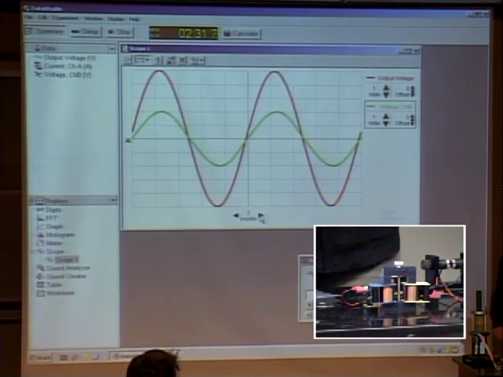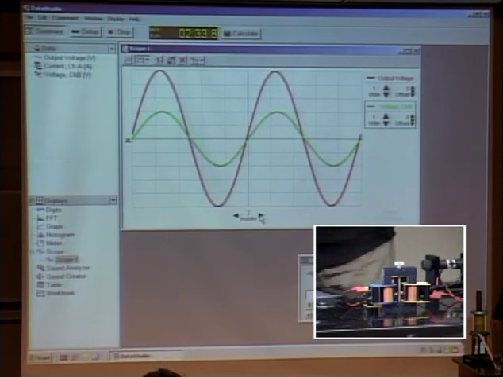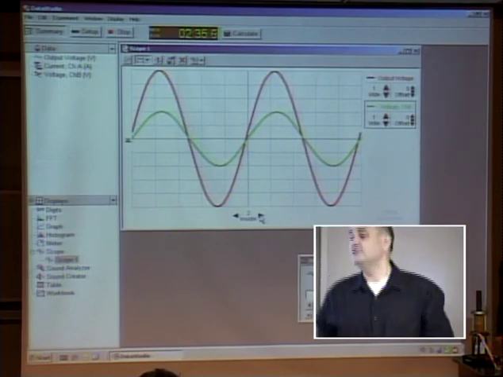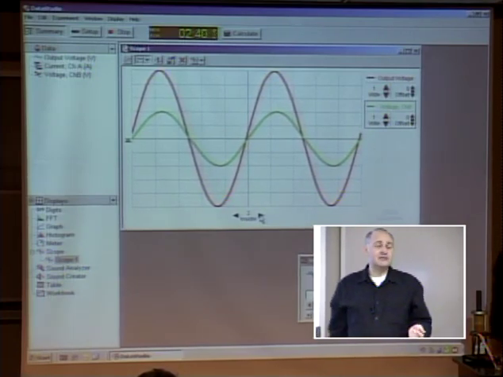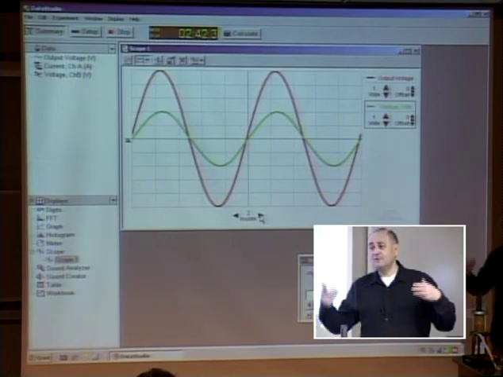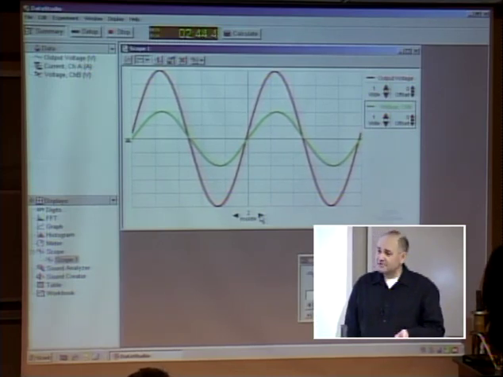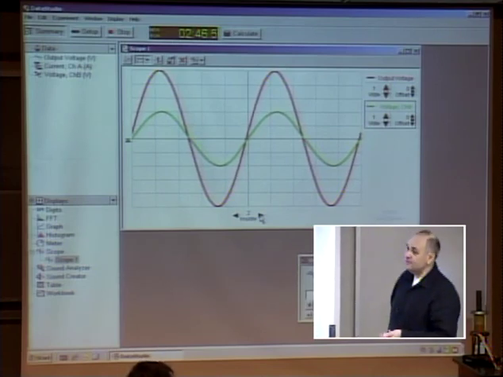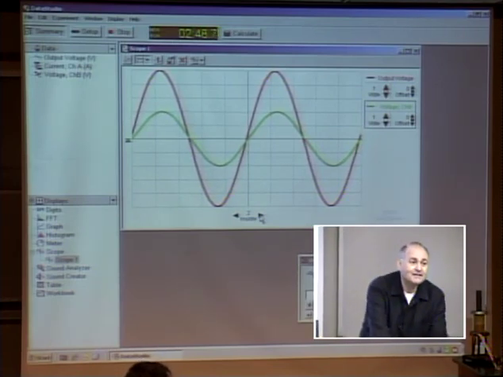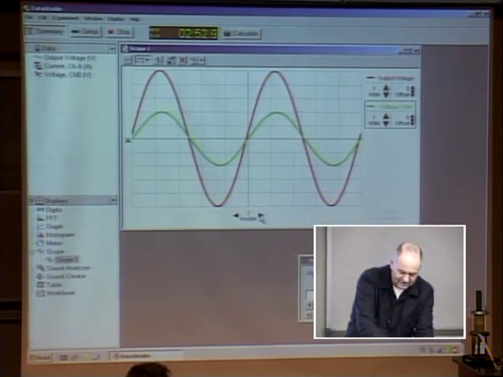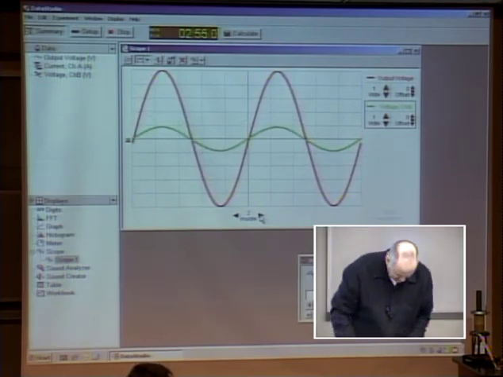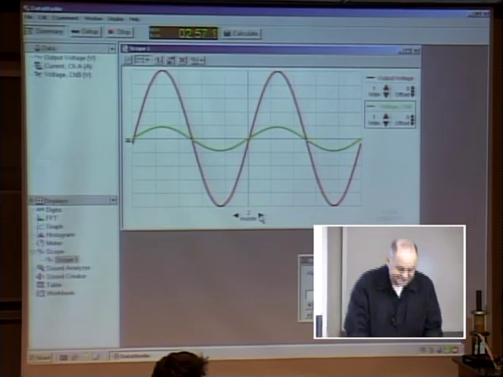So the peak value of that potential difference dropped by a factor of 2. Why is it so? Because the electromotive force produced in a coil is proportional to the number of loops. So if we reduce the number of loops by a factor of 2, the electromotive force dropped by a factor of 2 as well. I have one more coil which contains 800 loops.